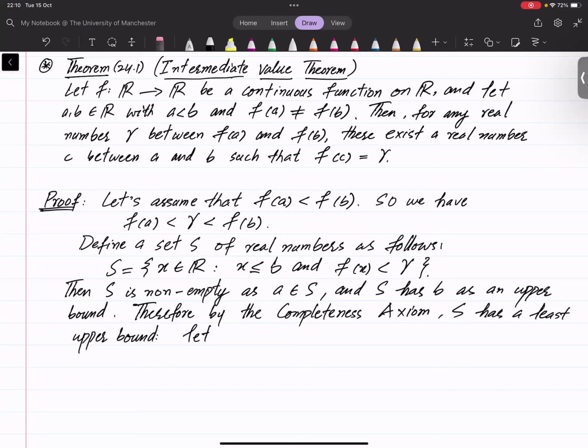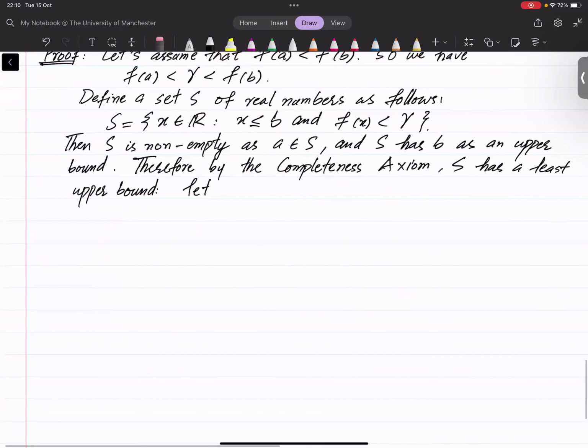Now let c be the least upper bound of the set S.